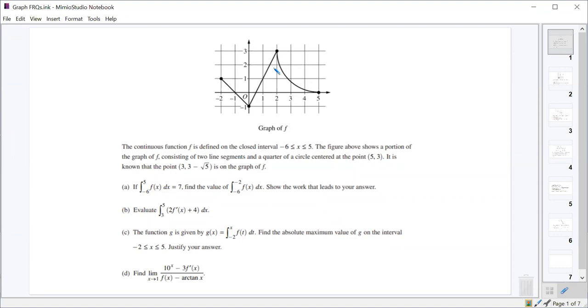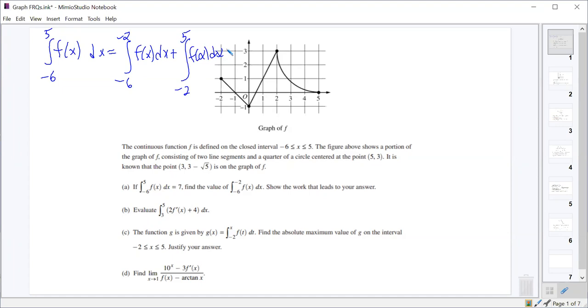Well, if I know that the integral from -6 to 5 of f of x is a certain value, but I want to know the value of the integral from -6 to -2, what integral would I have to add to that to make this equivalent? -2 to 5.